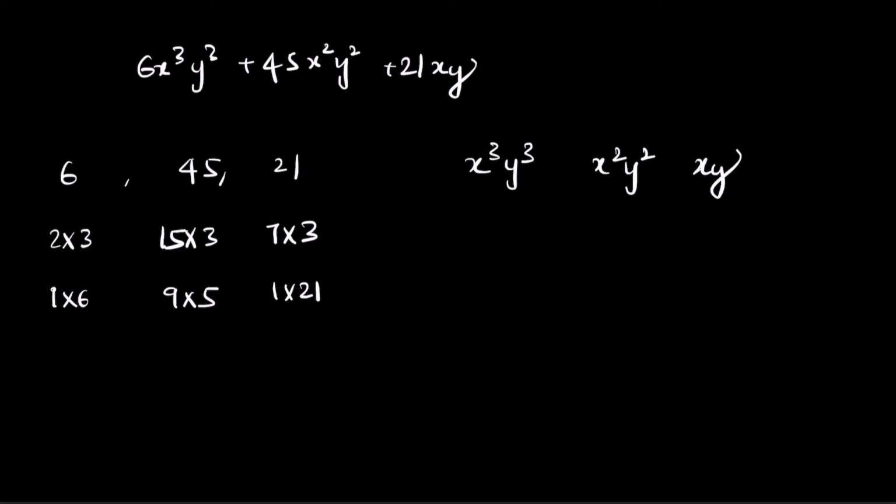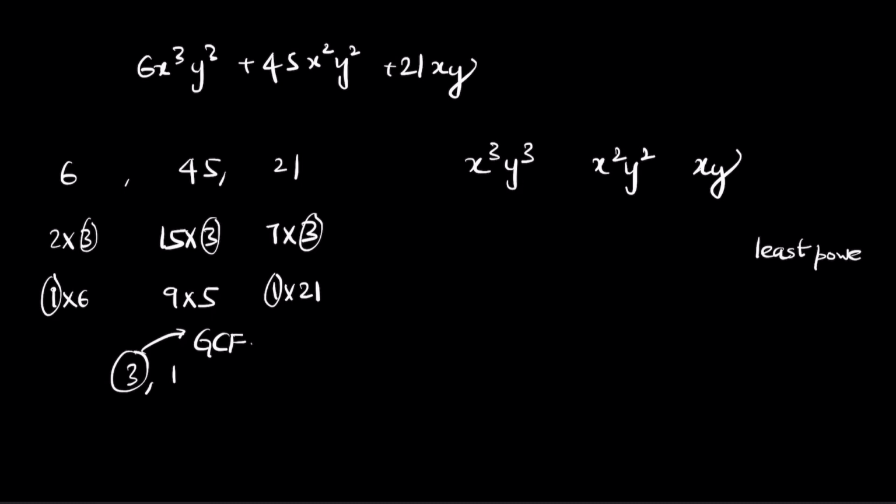So among these, what are the common factors? The common factors are 1, which is common for every number, and 3. Which is the greatest among them? 3. So this becomes the GCF of the constants. Next, how to find the GCF of a variable? Look at the variable itself and take the least power of that variable.